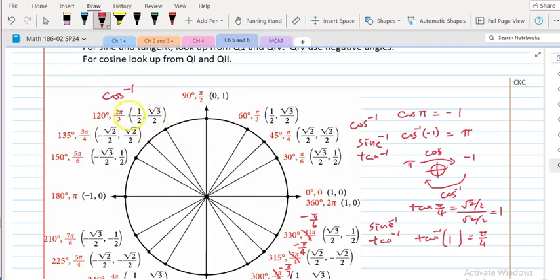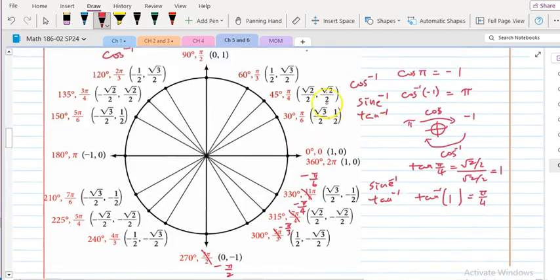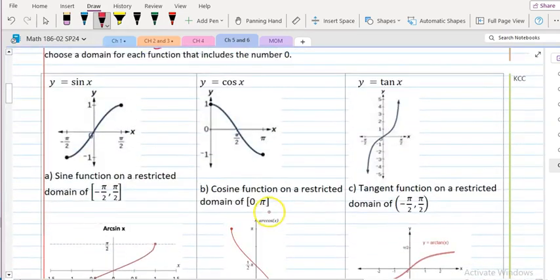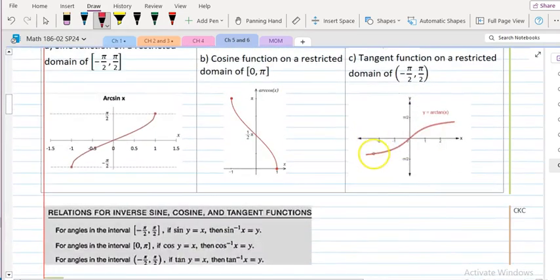So even when you have negative 1/2 as the input, the output is 2 pi over 3, 3 pi over 4, 5 pi over 6, and pi. So for cosine inverse, you use quadrant 1 and quadrant 2 for reverse lookup. And for sine and tangent, you use quadrant 1 and quadrant 4, with quadrant 4 relabeled as negative angles.